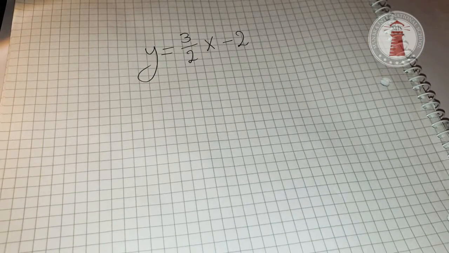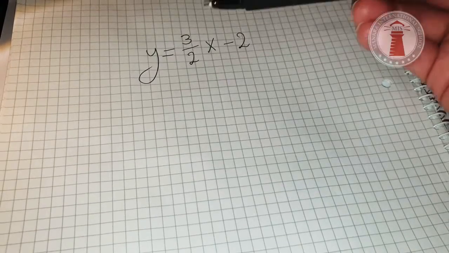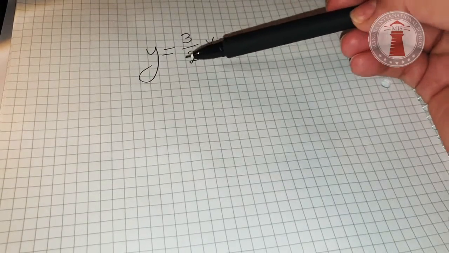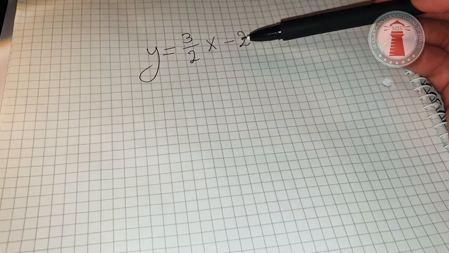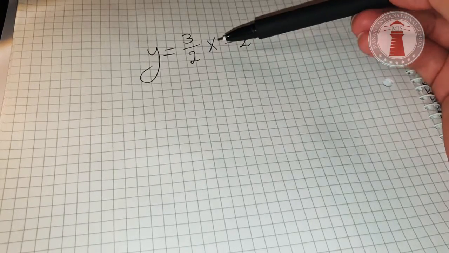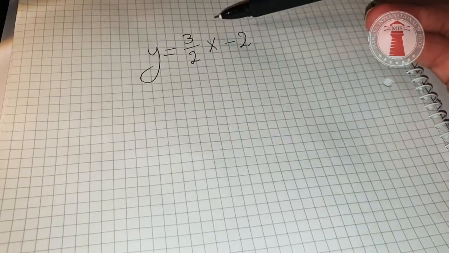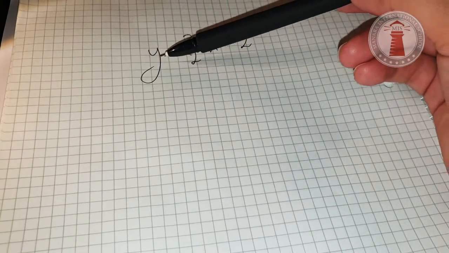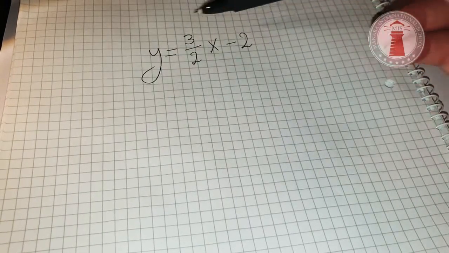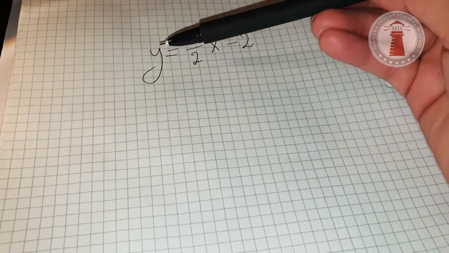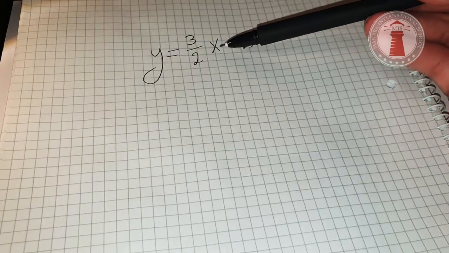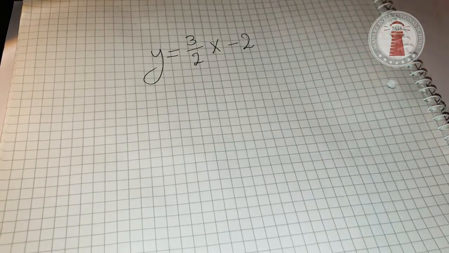In here we have the slope, which is 3 over 2, which is always the coefficient of x, and the y-intercept, which is the constant number next to the x right here. That is always after you make the equation on the slope y-intercept form, which is y equals a number multiplied by x plus or minus a constant.